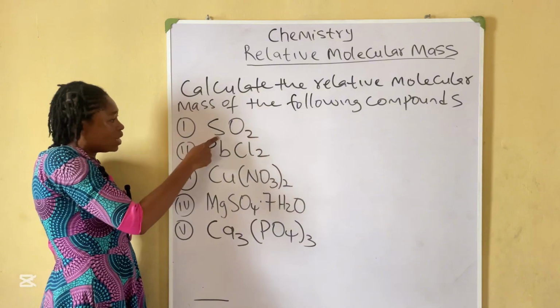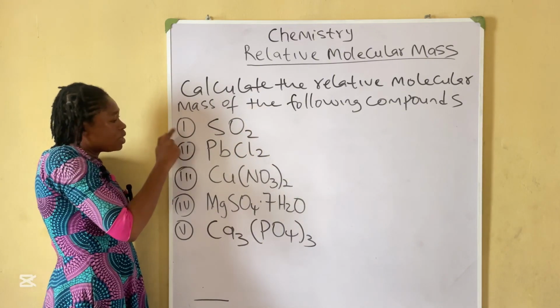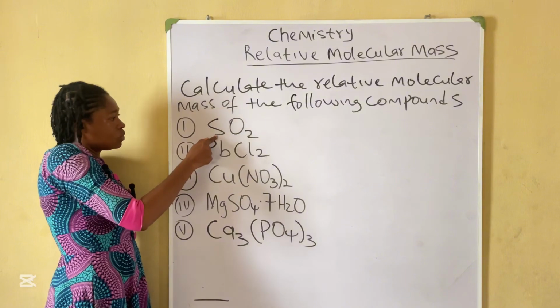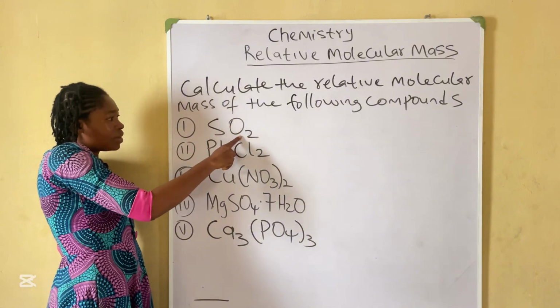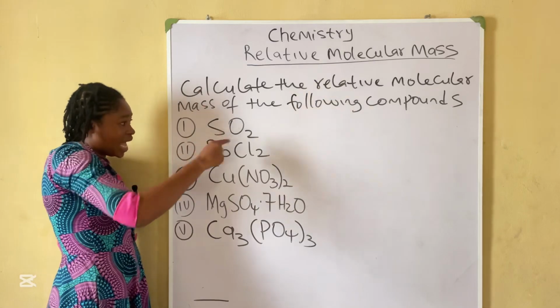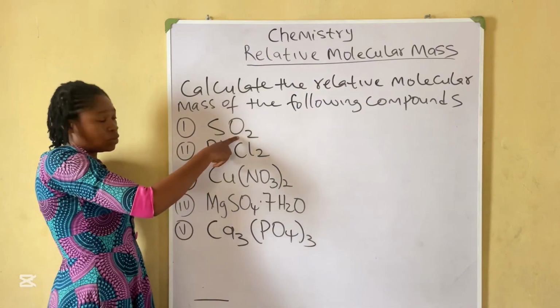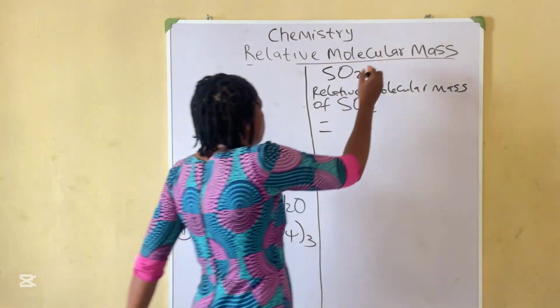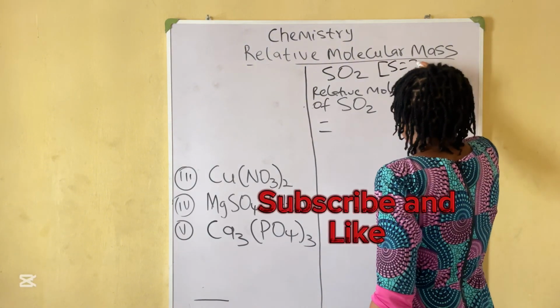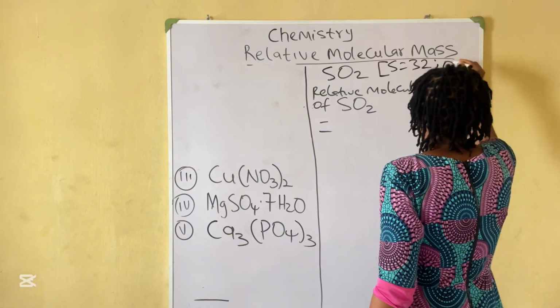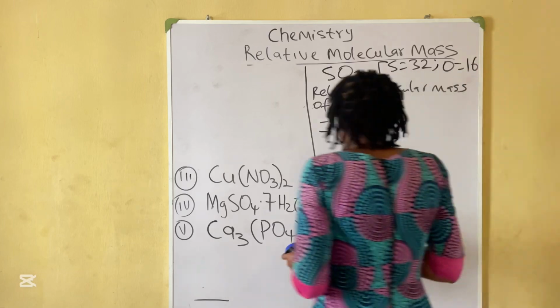For example, I have 1 atom of sulfur. So the relative atomic mass of sulfur times 1 atom of sulfur, plus the relative atomic mass of oxygen times 2 atoms of oxygen. The relative atomic mass of sulfur is 32, and oxygen is 16.